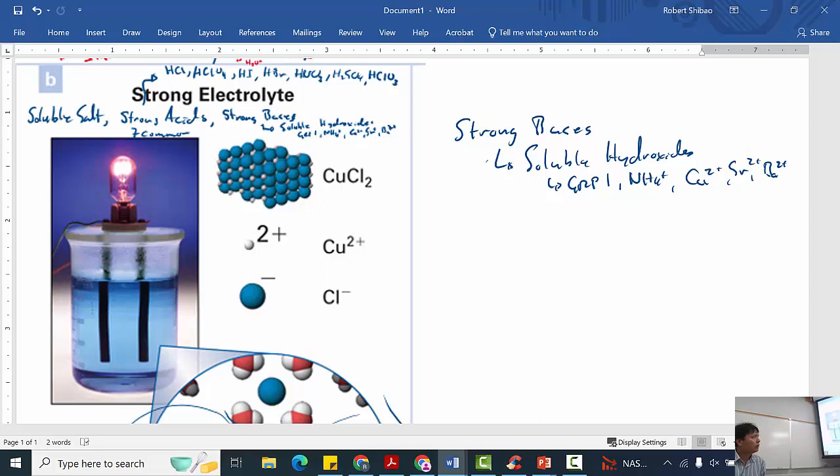All right, going back to this. So I asked you sodium hydroxide, strong or weak? Strong. And then I asked you magnesium hydroxide, strong or weak? Calcium hydroxide, strong.